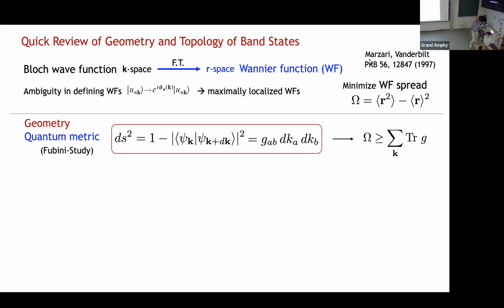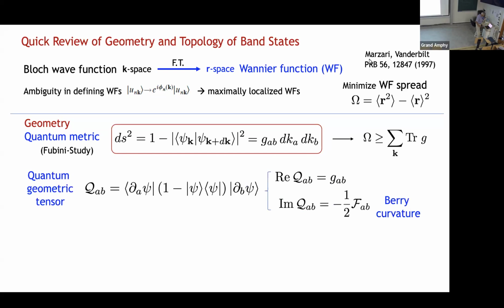Now, actually, there's a connection between quantum geometry and topology. And the topology part is probably more familiar to young students these days. So there is something called the quantum geometric tensor, okay, which is a Hermitian matrix whose real part is symmetric and is just the quantum metric I introduced, and whose imaginary part is antisymmetric and is nothing but the very well-known Berry curvature.